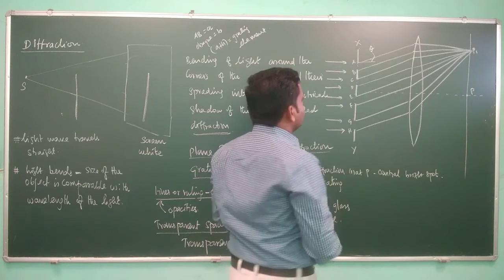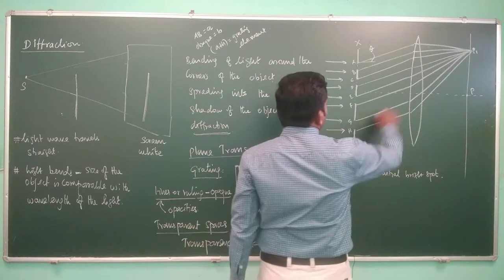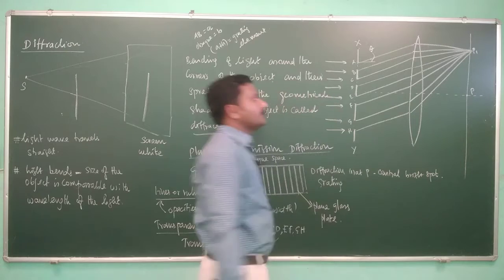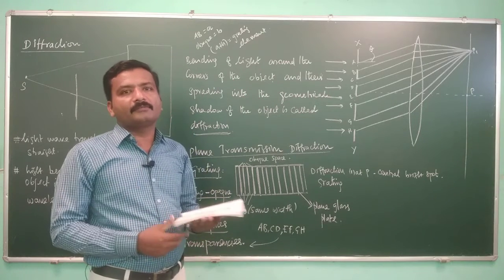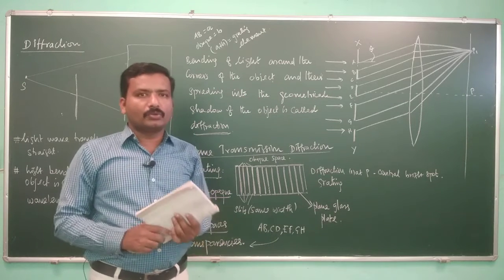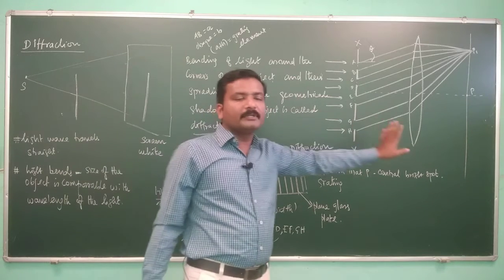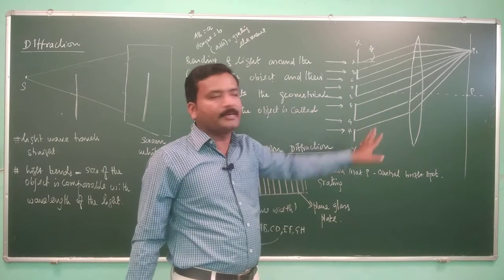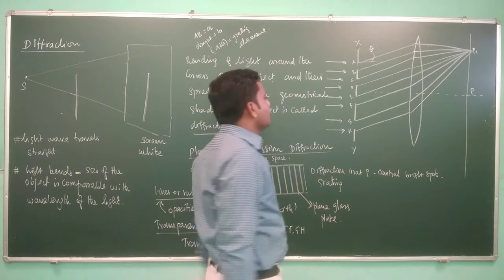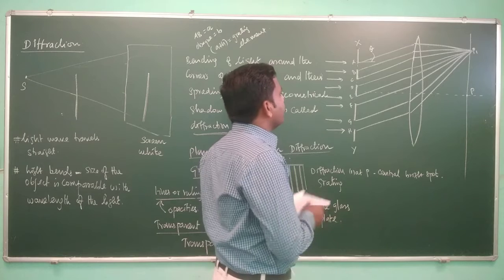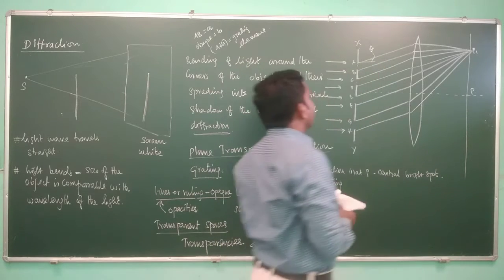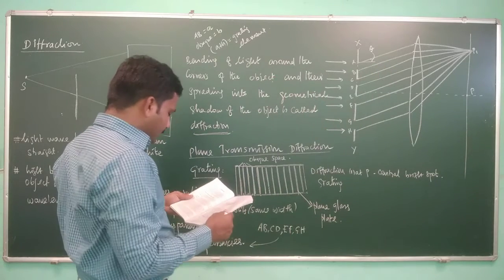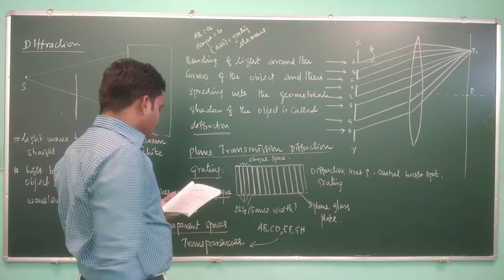But if the light ray deviates from the straight line path, it will have some path difference, so there will be some phase difference as well. When there is a path difference, there will be a phase difference. Fine. So if this is the angle of deviation from the straight line, it is theta, right?